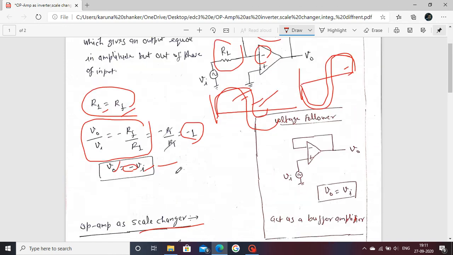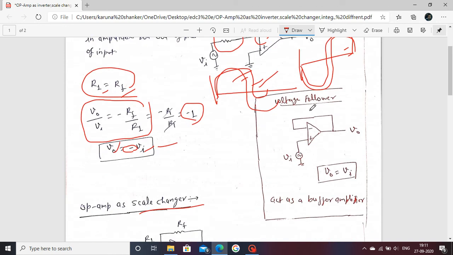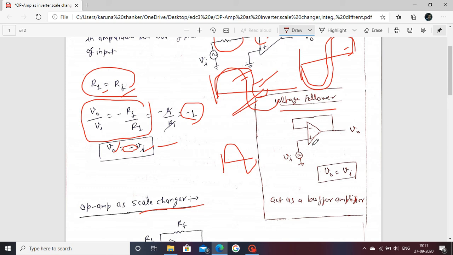Before going to the scale changer, see one circuit, which is not even in your syllabus, but focus on the voltage follower circuit. Whatever voltage you apply, suppose this AC signal is applied to the positive terminal of the op-amp. Now the output comes without phase shift, meaning zero phase shift, because the input is applied to the positive terminal.